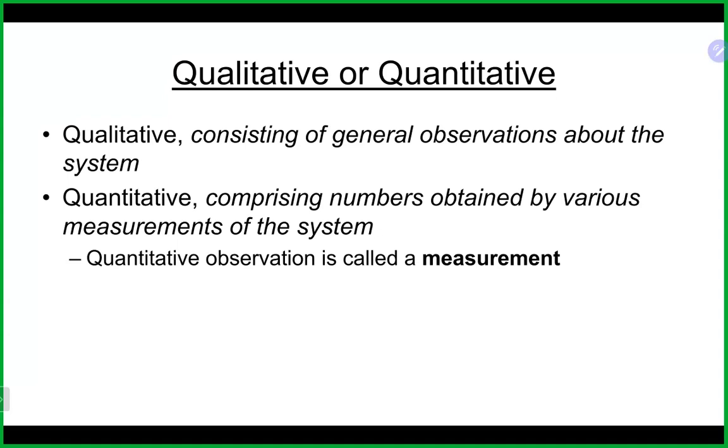When you use a graduated cylinder to fill it with liquid to a specific volume, you're quantitatively filling it to an actual value, be it 5 milliliters, 10 milliliters, 12 milliliters, whatever it may be. So qualitative is observations, no real measurements. Quantitative is all about measurements.